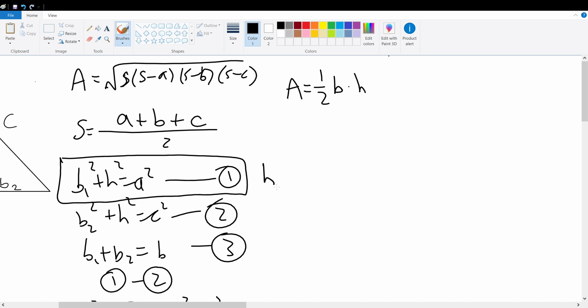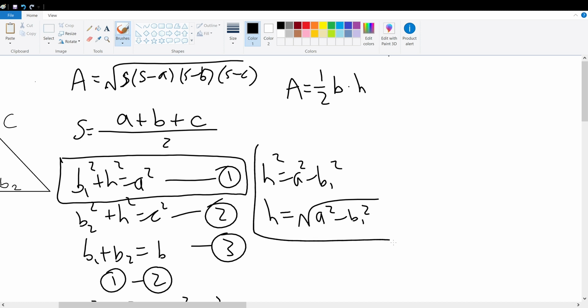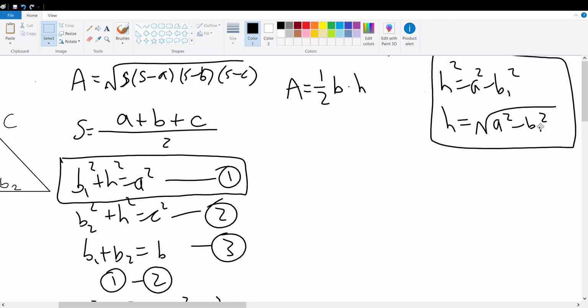Therefore, rewriting this as h squared is equal to a squared minus b1 squared, taking the positive square root to be the square root of a squared minus b1 squared, and we take the positive square root as we know a triangle's height cannot be negative.